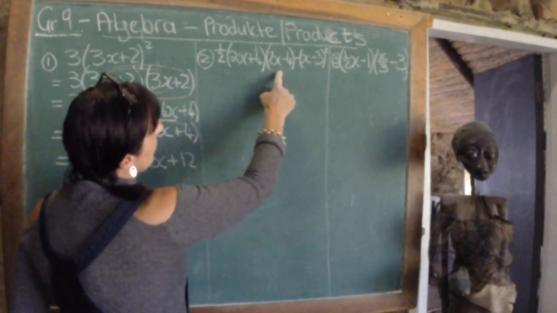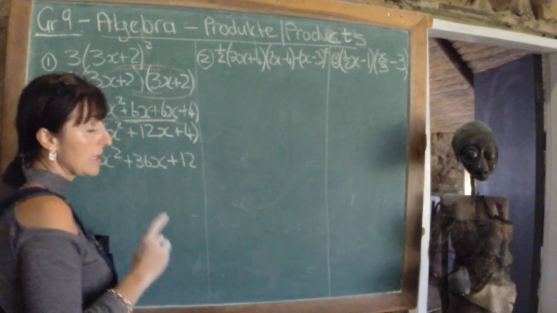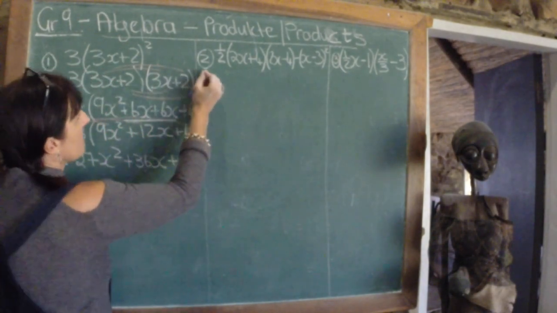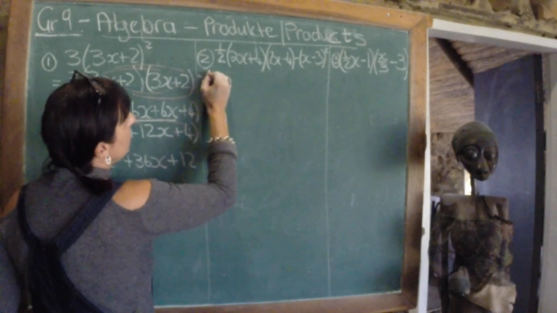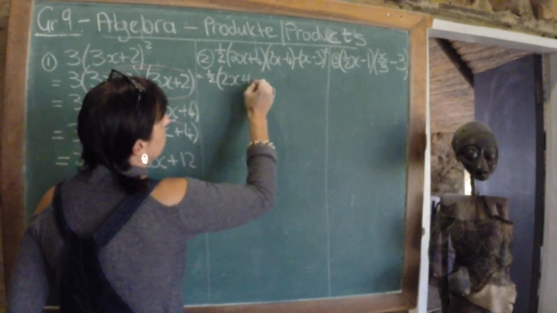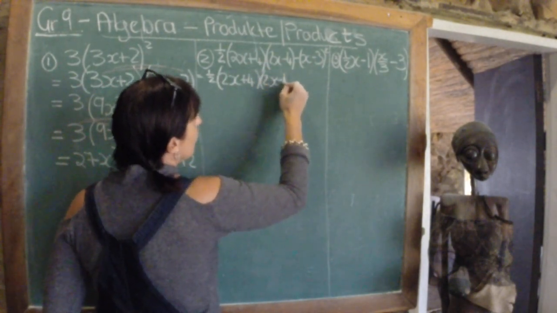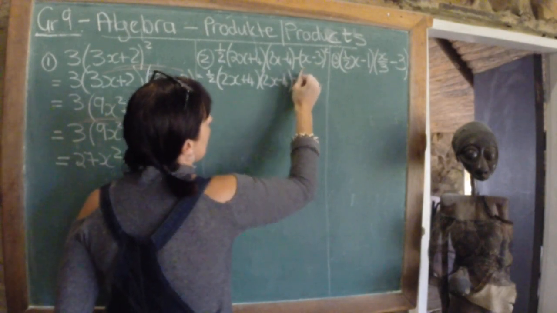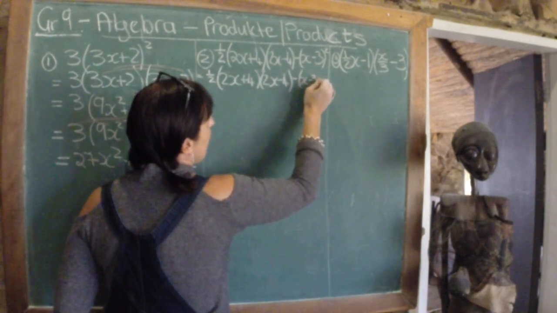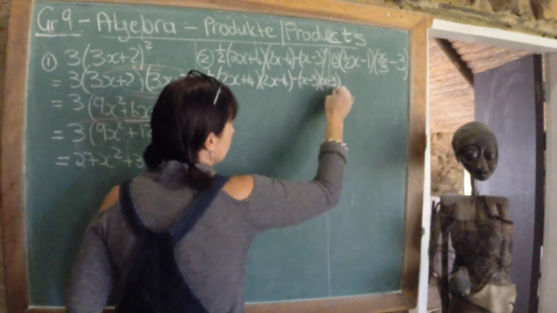We've got a foil rule over there as well as a foil rule over there. So let's rewrite it. It's a half (2x plus 4)(2x minus 4), minus, and I'm rewriting that bracket twice because there's a square.